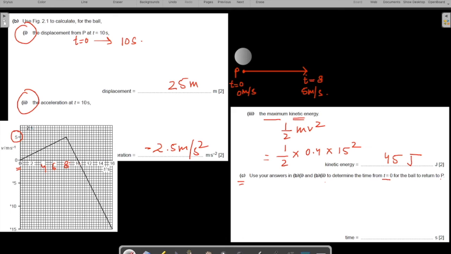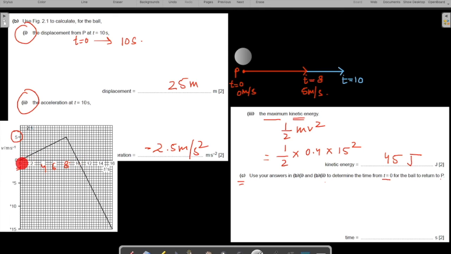From time t is equal to 8 to time t is equal to 10. Say that this is your time t is equal to 10. The speed has come down from 5 to 0 at 10. At the 10th second, what is the speed?